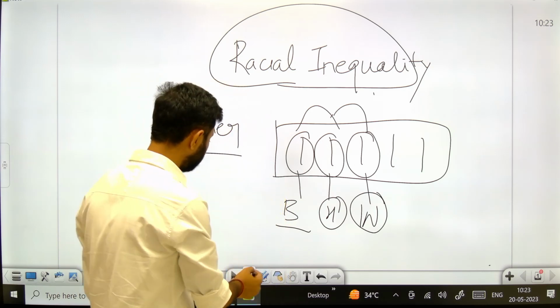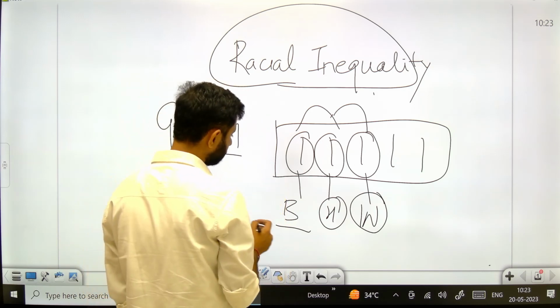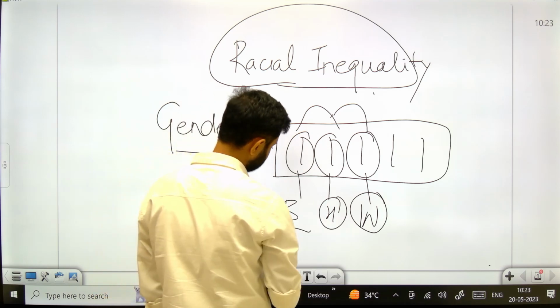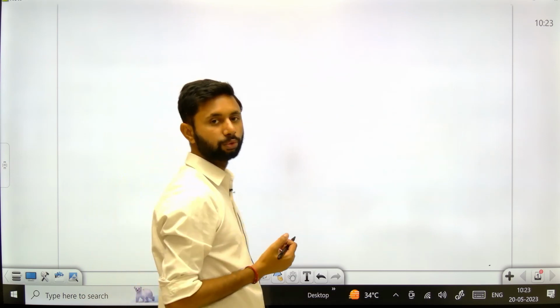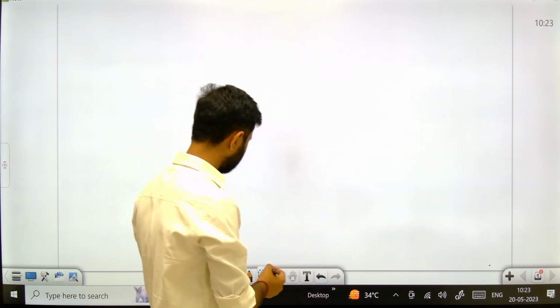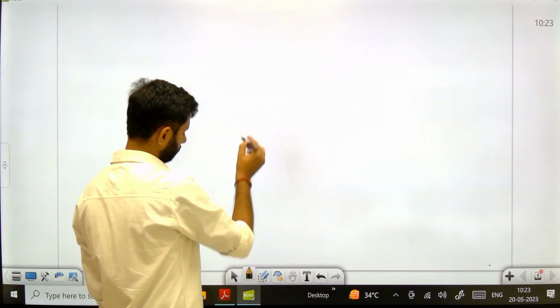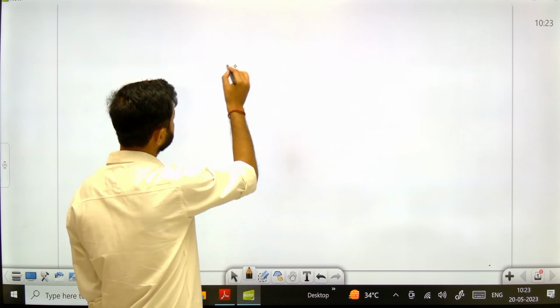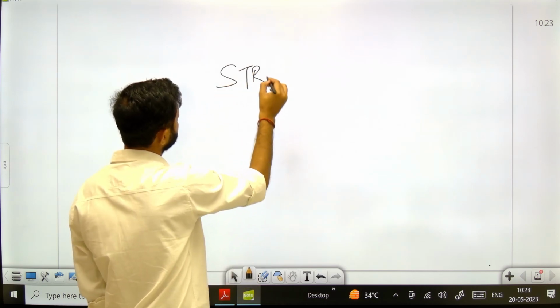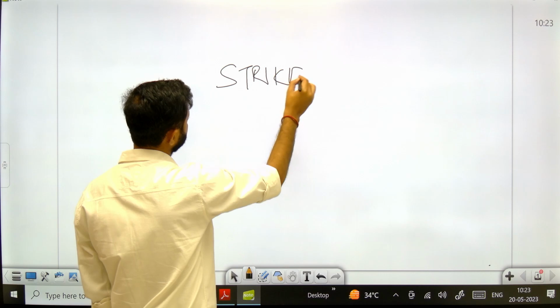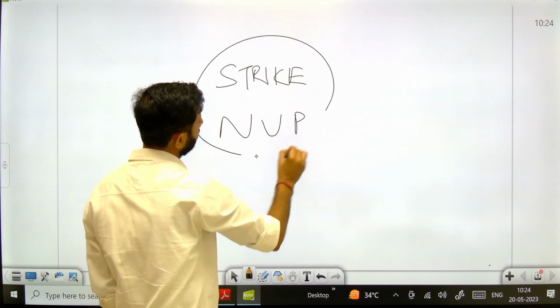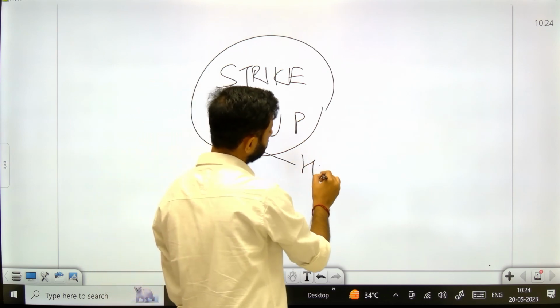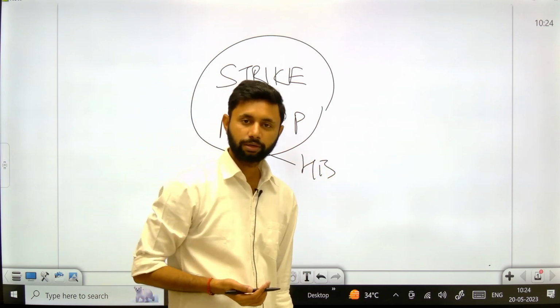Each and every country possesses some individual implicit rules and regulations. For example, the culture of strike, non-violent protests have been a historical feature of the Indian labor movement.